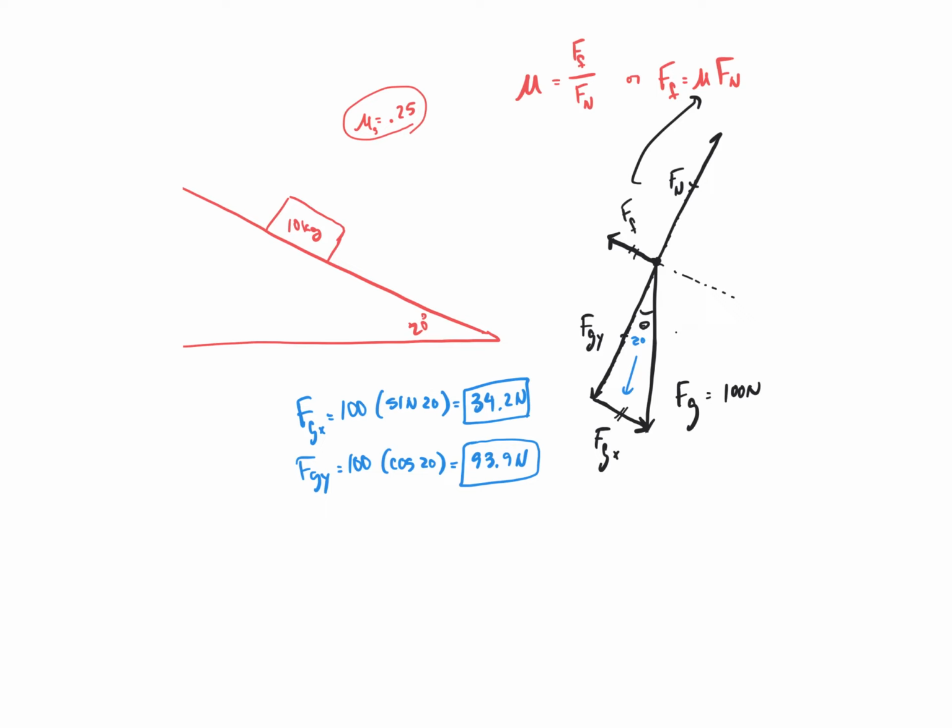So FGX is 34.2, FGY is 93.9. That means the normal force is 93.9. And that means we can now calculate one more thing using this equation up here. What is the maximum static force of friction?